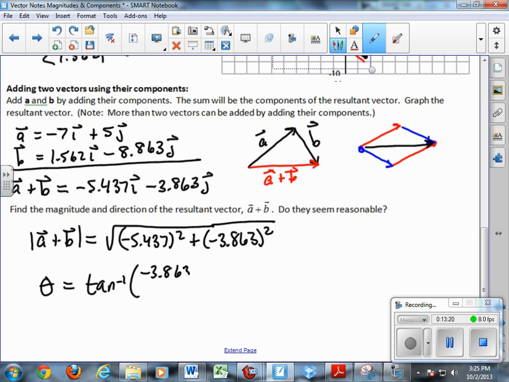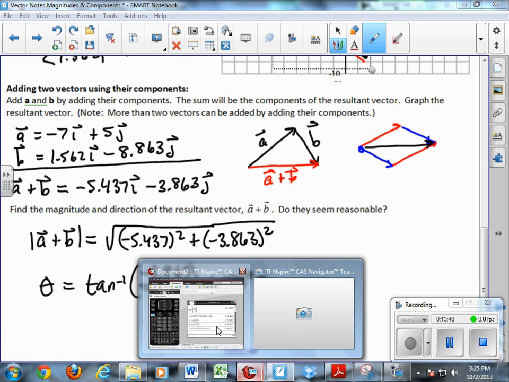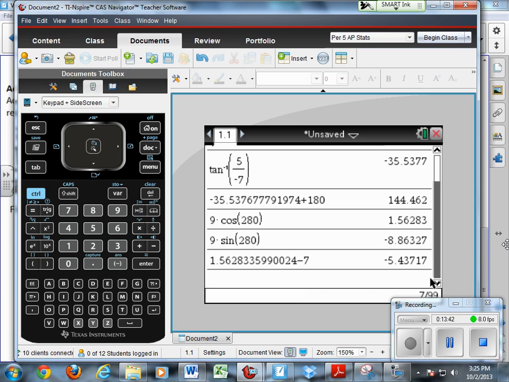Notice that's going to be the inverse tangent of a positive number, which is going to be a quadrant 1 angle, but I want a quadrant 3 angle, so I'm going to have to add 180 to that. So let's do that on the calculator, and we'll get those answers. And then we'll move on to our third vector video that has another example of using some application problems.